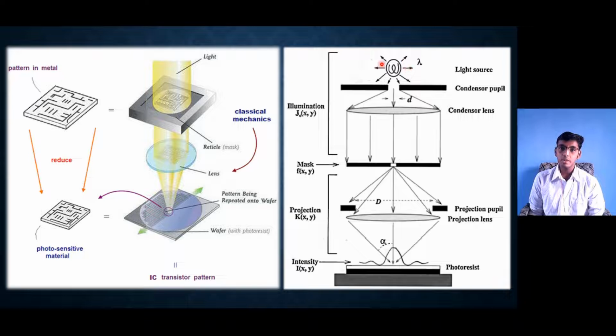We have a light source, which passes through a condenser pupil, and we have a condenser lens, mask, and the projection lens. Here we are representing them using a single lens, but in reality the condenser lens and projection lens are a series of complex optics. The light which passes through this series of optics will fall on the photoresist, react with it, and then result in the printing of the IC chips.